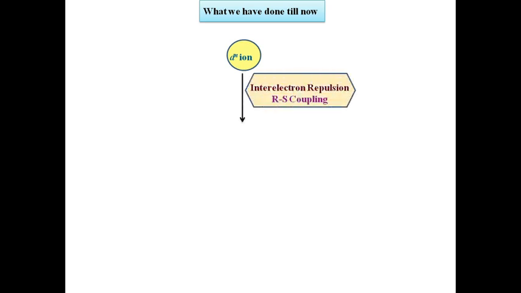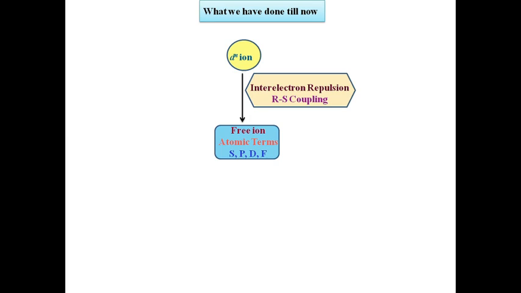What we have done till now: we have selected some transition metal dn ions and found atomic terms for those metal ions, such as capital S, capital P, capital D, capital F, capital G, etc., applying Russell-Saunders coupling and interelectronic interaction considering microstates.